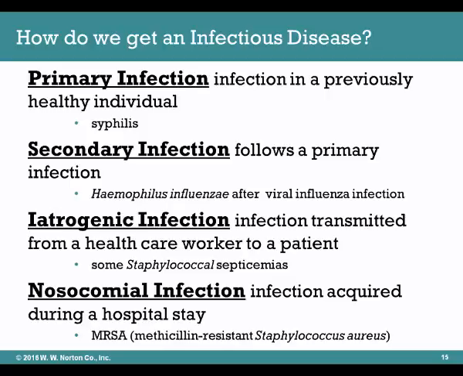MRSA is really one of those, a methicillin-resistant strain of Staphylococcus aureus bacteria that's resistant to a variety of antibiotics as well as some disinfectants. This is one of the key examples of great concern in hospitals today, as well as other antibiotic-resistant infections that are acquired during the hospital stay.